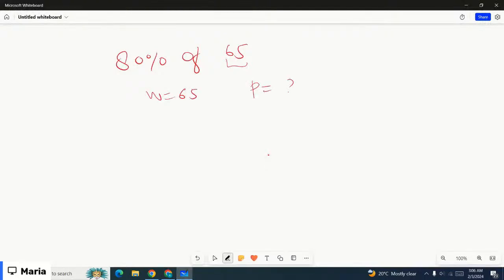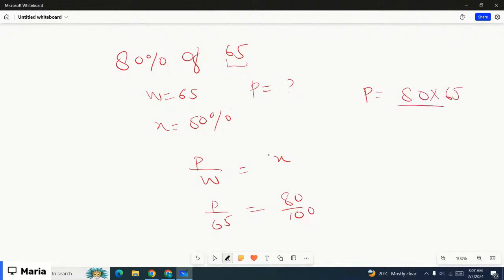How much part? 80%. Got it? That is part divided by whole equals x. Part you need to calculate, whole is 65, and that is 80 over 100. Why 100? Because 80% always means 80 out of 100. So just cross multiply, that is p equals 80 times 65 over 100.